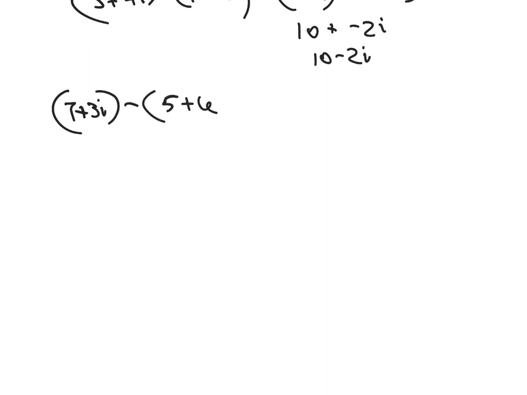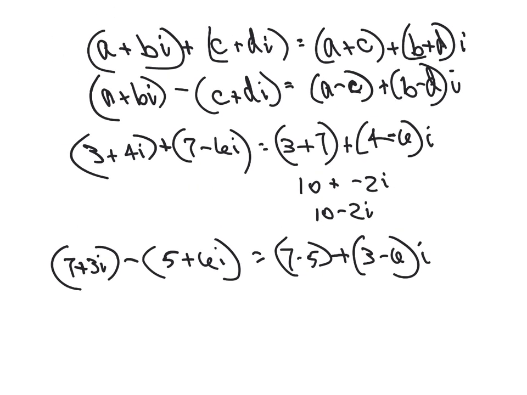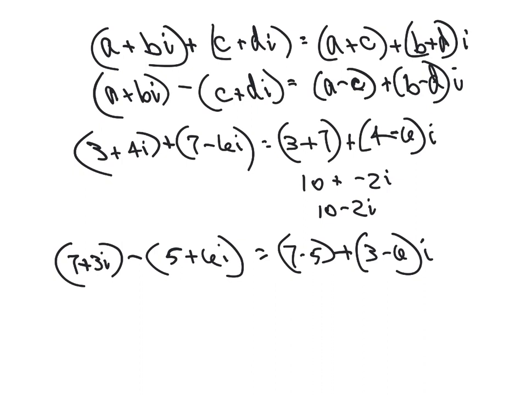5 plus 6i, that's going to be my 7 minus 5 plus 3 minus 6i. So let's bring this down just to remind you of what happens here. Because of this minus sign, we have a minus here and a minus here, but the sign between the two is still a plus, just like it's still a plus there.